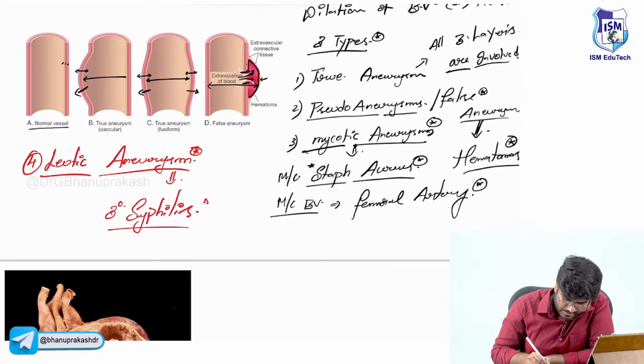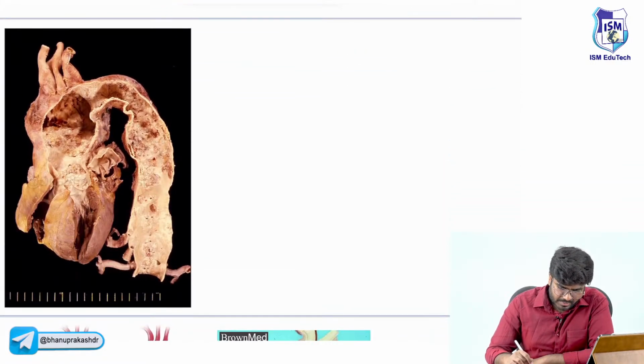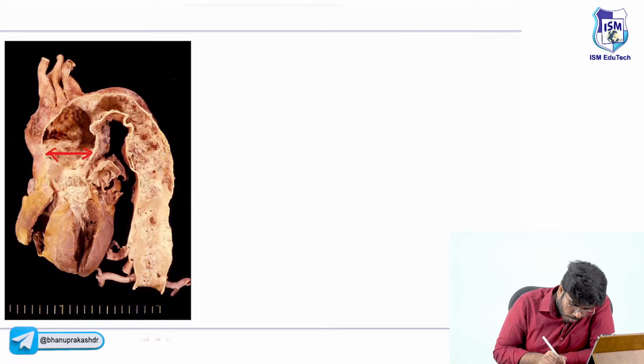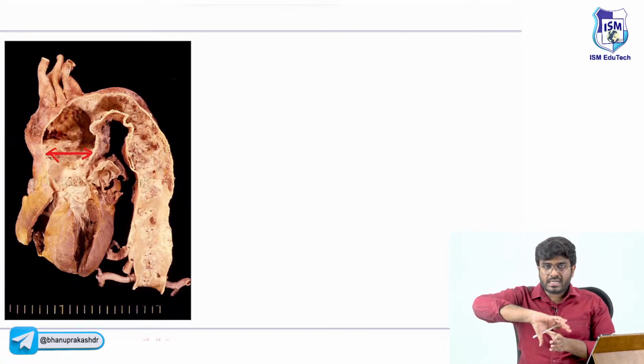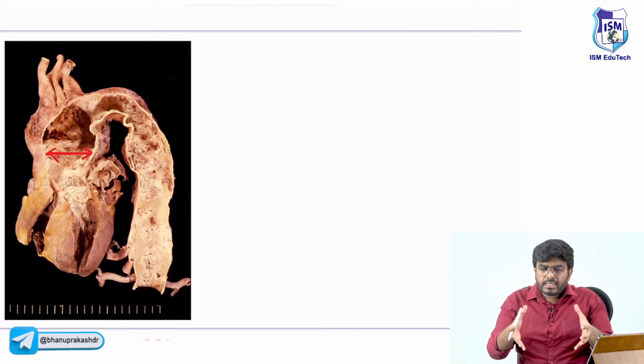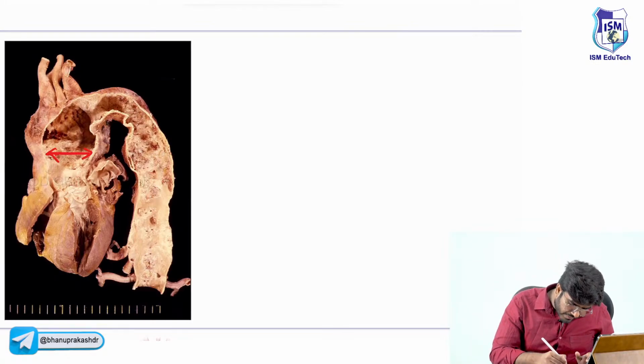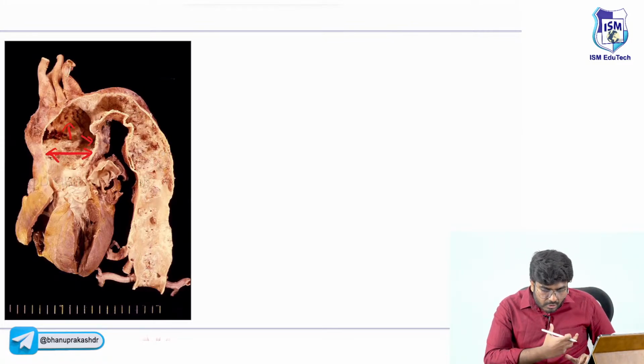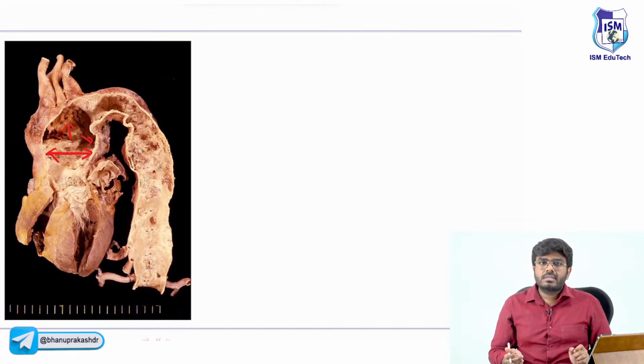syphilis. Now, this is a very important image based question. You can clearly see here the aortic root, the starting part of the aorta, is getting dilated. Even the entire aorta is affected. If you look at the aorta, sir, it's looking like the bark of a tree. You know the bark of the tree, right? How it looks.